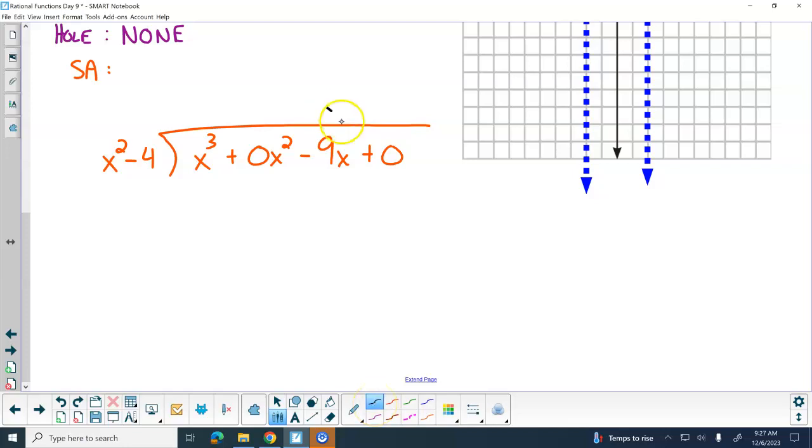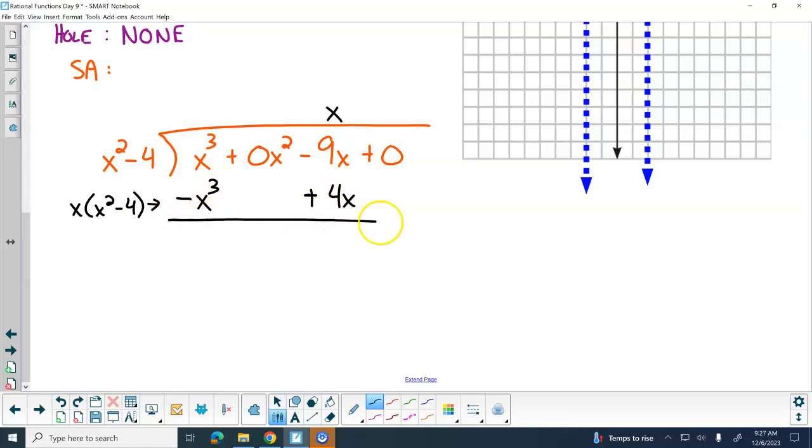Multiply first by x. Change my signs. This one goes away. This one becomes negative 5x.